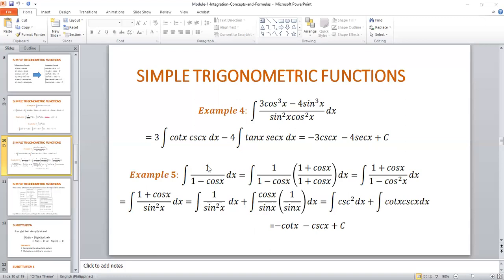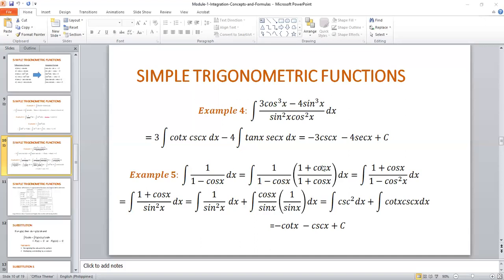And since you don't want to alter the original integral, you will multiply both the numerator and the denominator by that conjugate expression. So that's what we've done here. We multiplied 1 over 1 minus cosine x by 1 plus cosine x over 1 plus cosine x, both the numerator and the denominator.